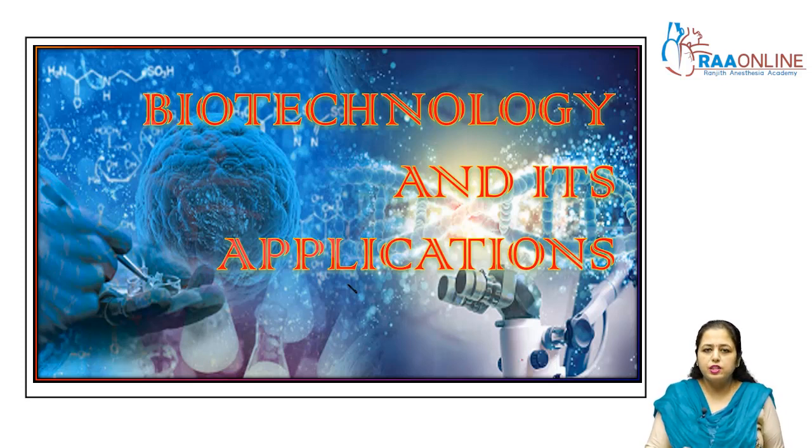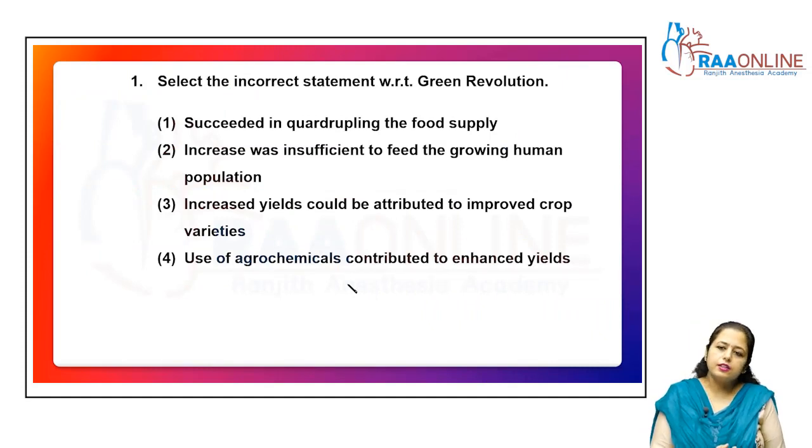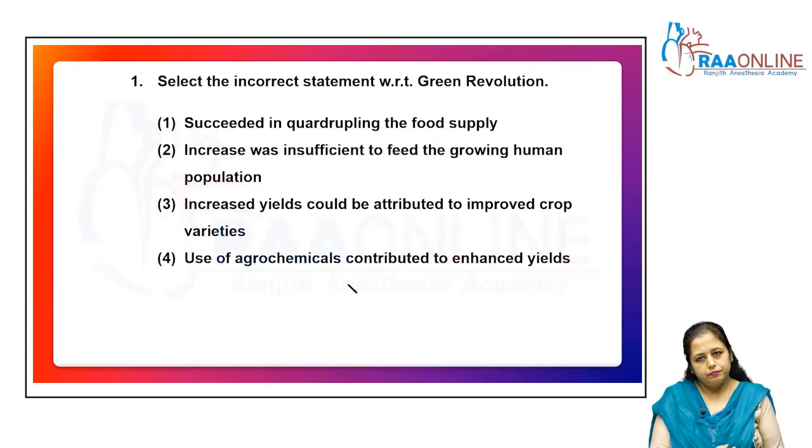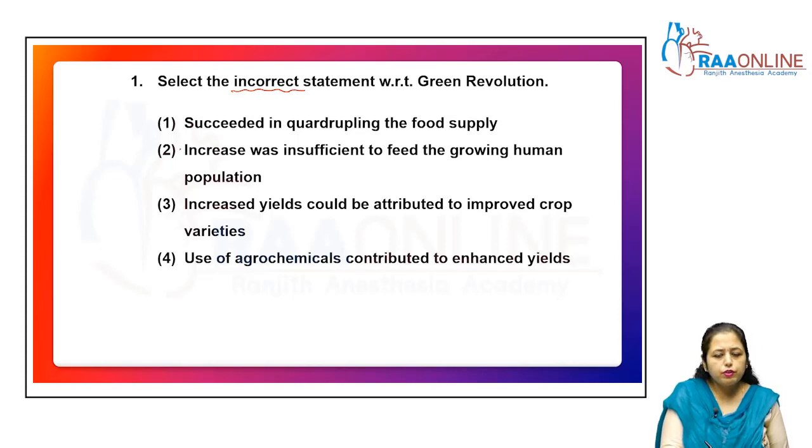Come to the first question. We will study the whole chapter in the form of questions, right? First, select the incorrect statement related with the Green Revolution. It is also given in NCERT. We have to choose the incorrect statement. Succeeded in quadrupling of the food supply?